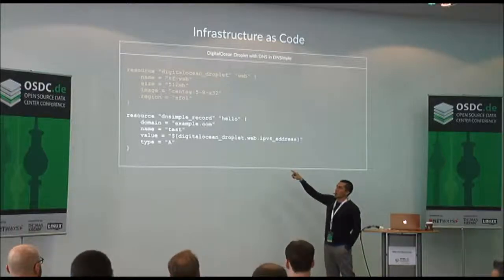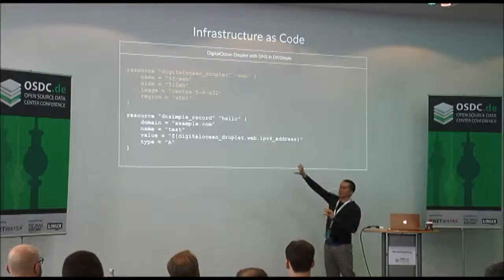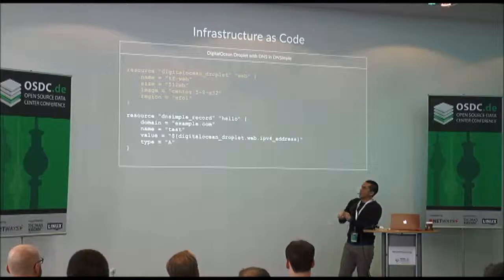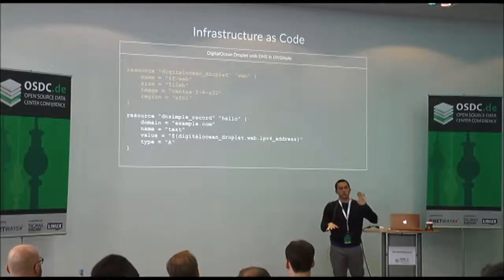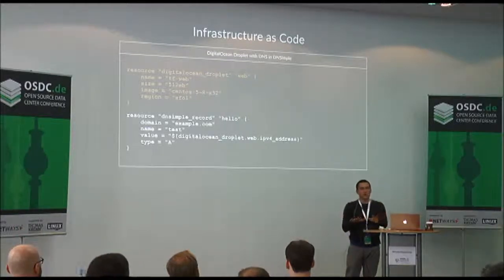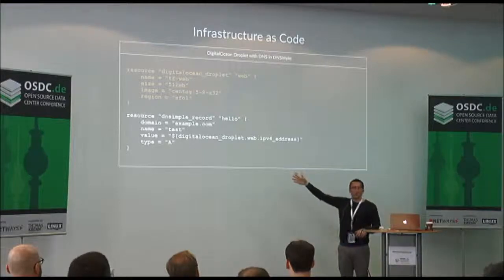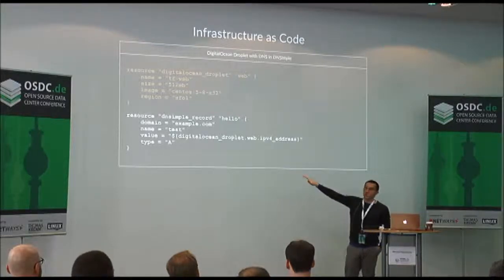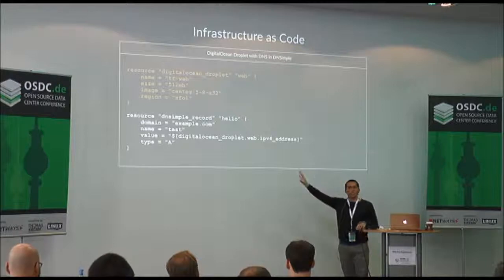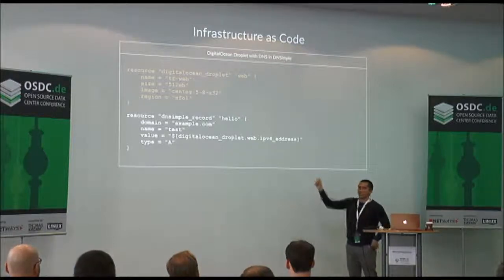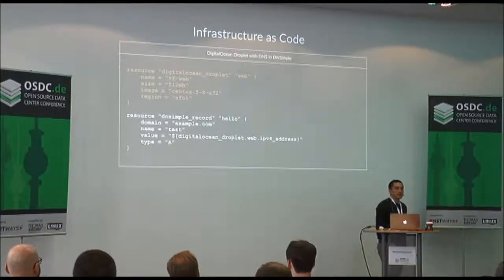But you could also, if there's a not obvious dependency, like if you have an application that will crash if the database is not running, even though it doesn't use a value when you're making the server, you could set a specific dependency. You could say that that server has to be up and running before this one starts, and you could just tell Terraform that exactly.